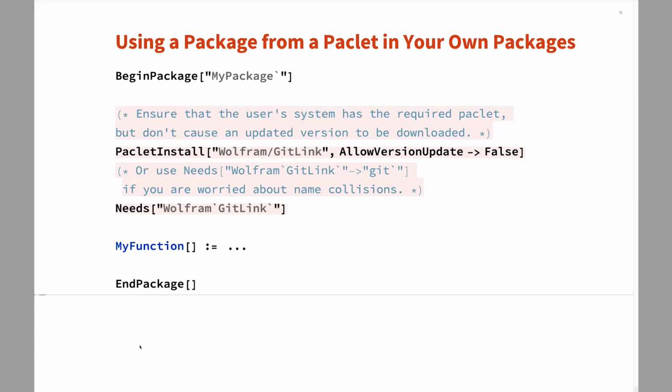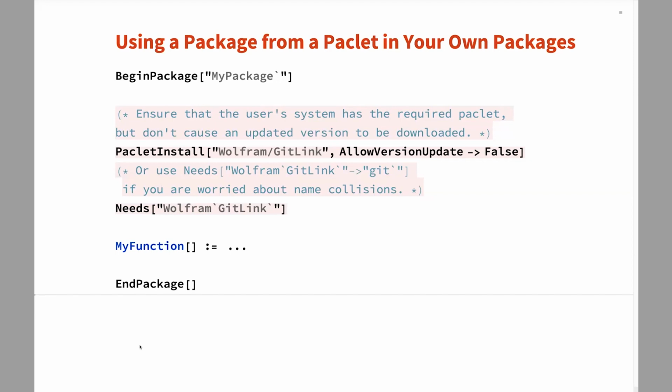But if I just call Packlet install on Wolfram GitLink, what Packlet install does is install it if it's not present, but if it is present, it will also install an update if an update is available. And that's really probably bad form, to have a side effect like that on your user systems. I don't want to give someone code that's going to cause them to get a newer version of a Packlet that they've already got.